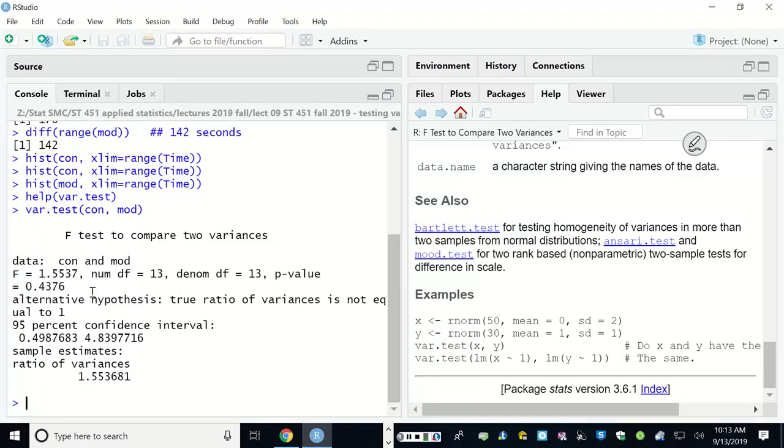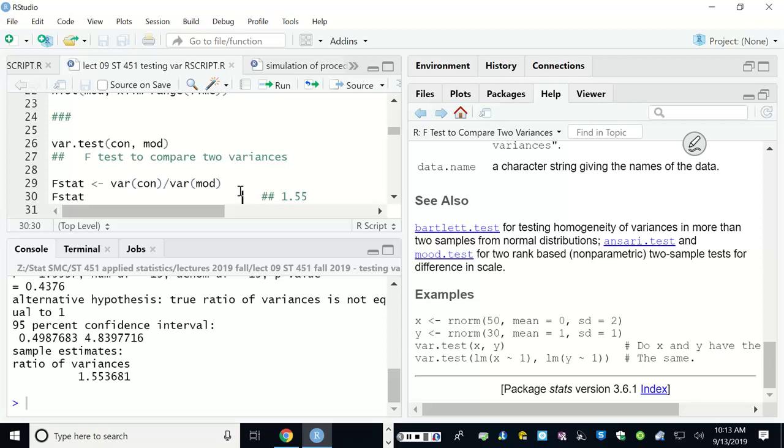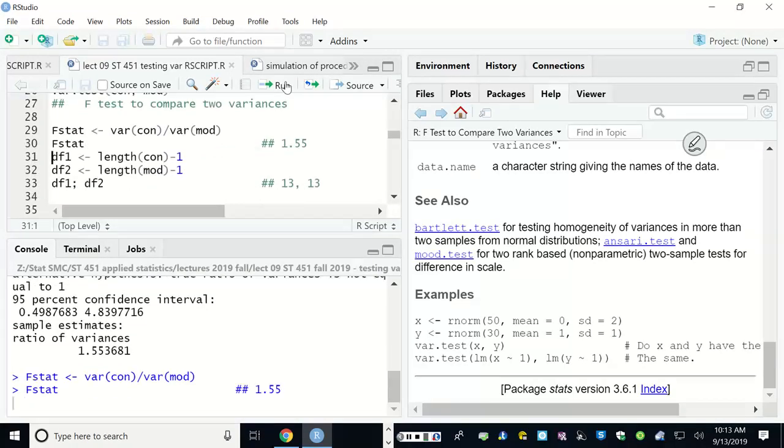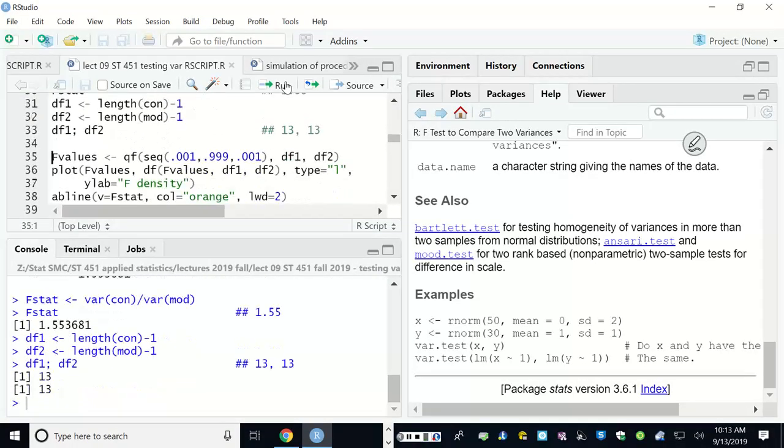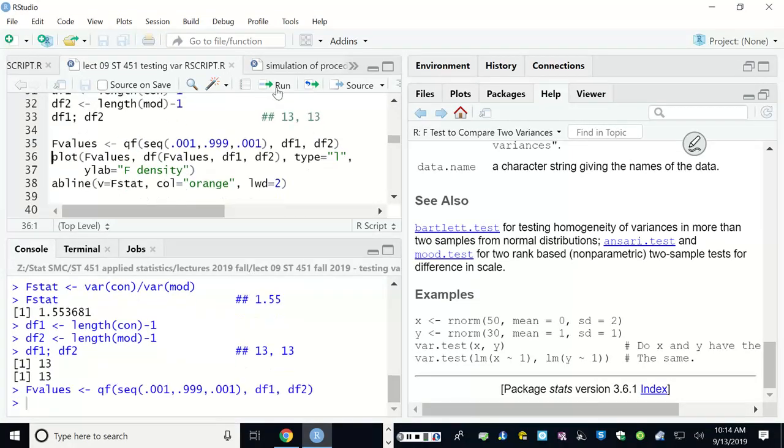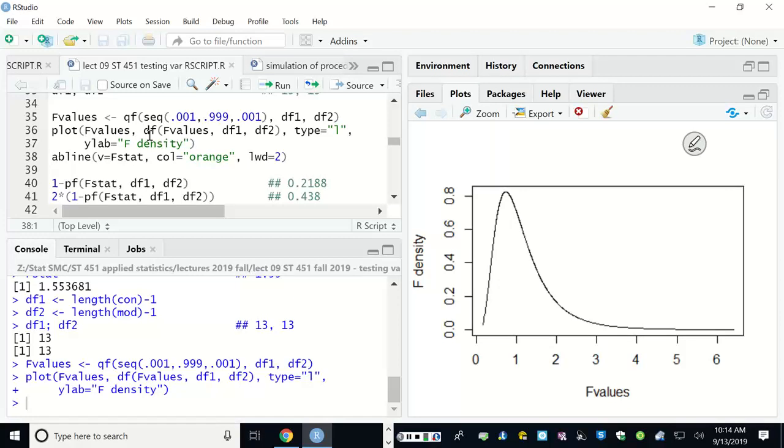We'll talk about power in more detail, but it's generally more efficient to do that. The way that gets done, you could save the ratio of the variances. That's the F statistic. Here are the two degrees of freedom, 13 and 13, or 14 in each group. For the F distribution with 13 and 13 degrees of freedom, you can get the quantiles. So, on my little curve, what are the different quantiles on a fairly dense grid? And you can plot the densities. The df is actually the density of an F distribution, and that's what it would look like under the null hypothesis.